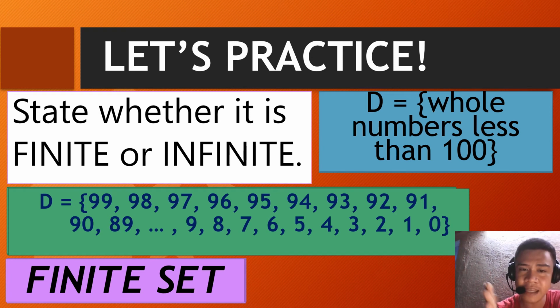We have 9, 8, 7, 6, 5, 4, 3, 2, 1, and 0. In this case, we have a starting point of 99, less than 100, whole number, and an ending point, which is 0. Therefore, set D is a finite set.